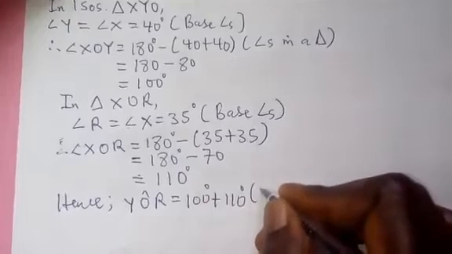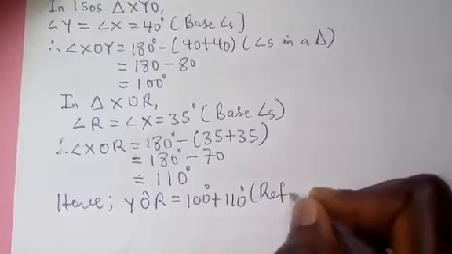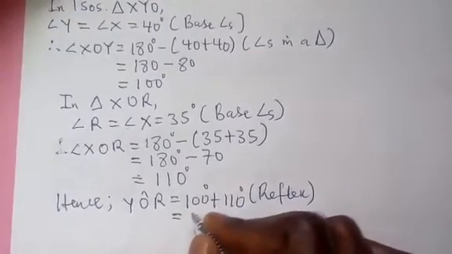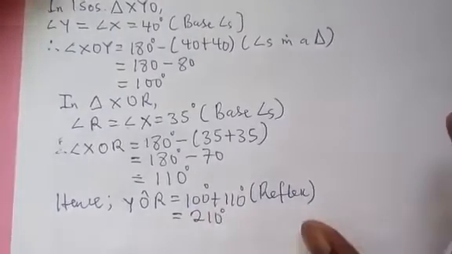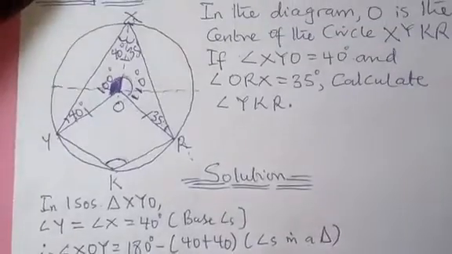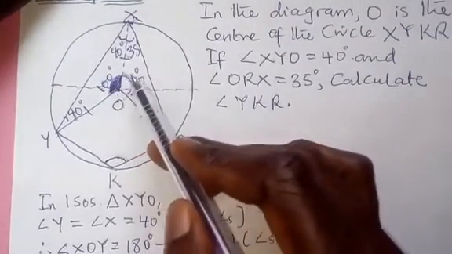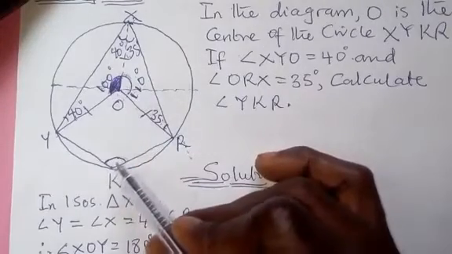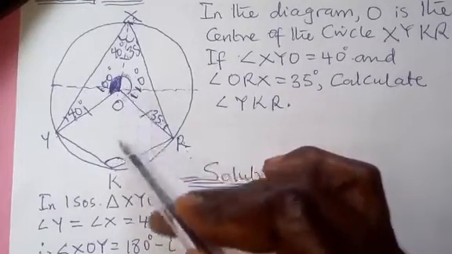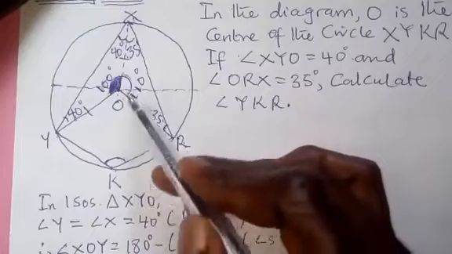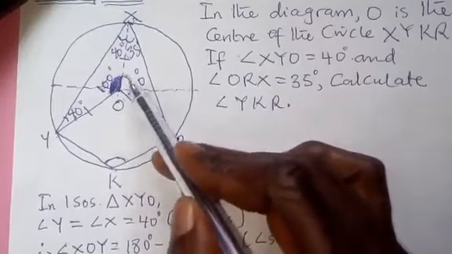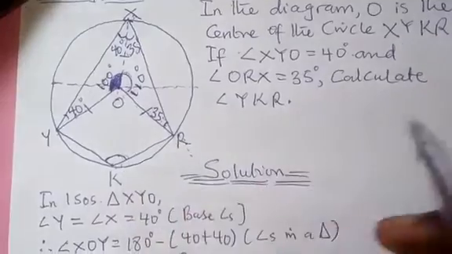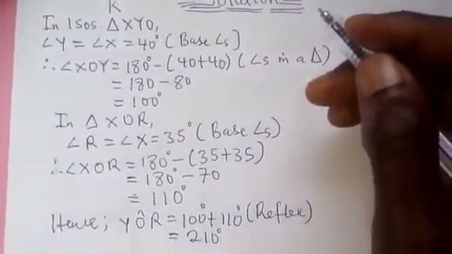And to show that we are talking about the reflex, I'm going to put my reflex here in brackets. So if we sum that up, we are going to have 210 degrees. So now we know the reflex part here as 210 degrees, and this angle is related to the angle we are looking for by the angle at center and circumference, which means angle at center is equal to twice angle at circumference.